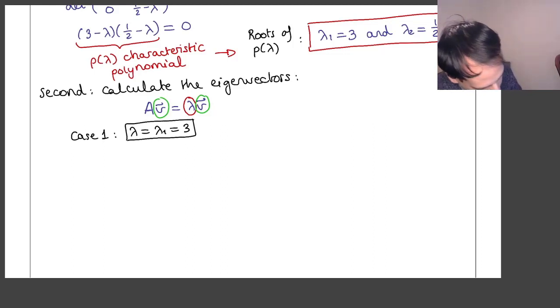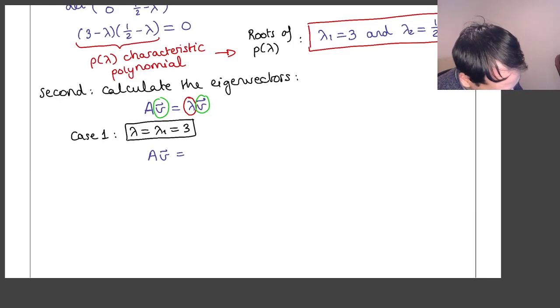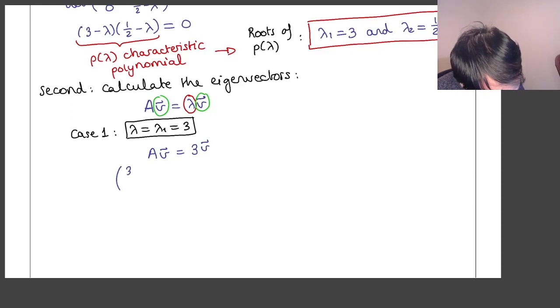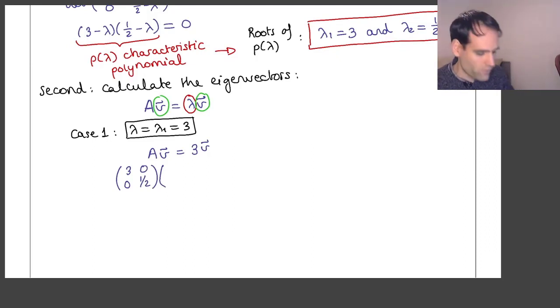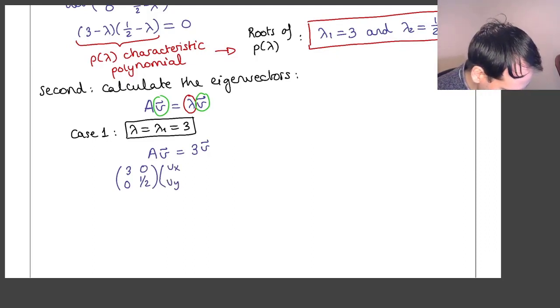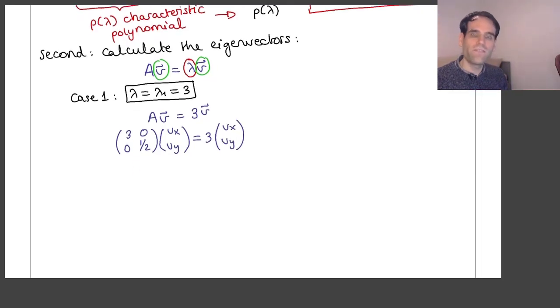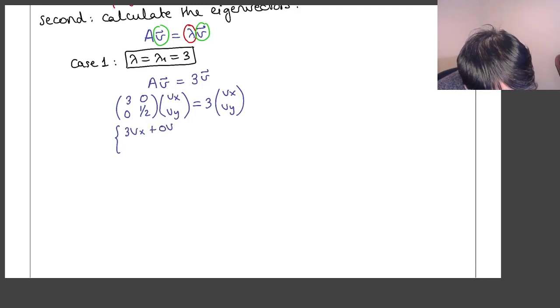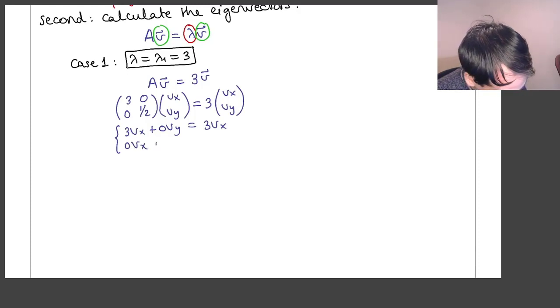Then we need to solve the system A times V equals 3 times V. So what is A? A is 3, 0, 0, 1/2. V is an unknown, so let's write it as Vx, Vy, equal to 3 times Vx, Vy. So we need to solve this system of equations. If you write it explicitly, this is two equations: 3Vx plus 0Vy equals 3Vx, and 0Vx plus 1/2 Vy equals 3Vy.